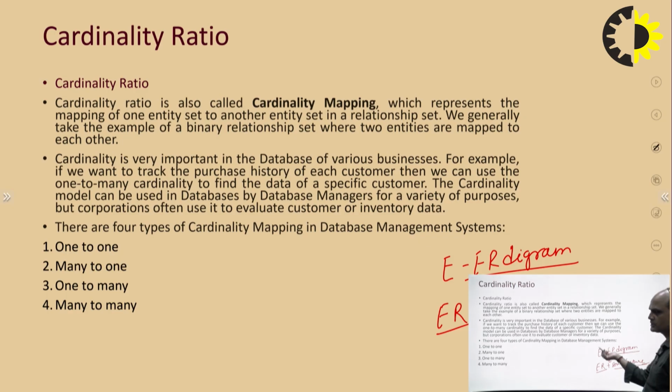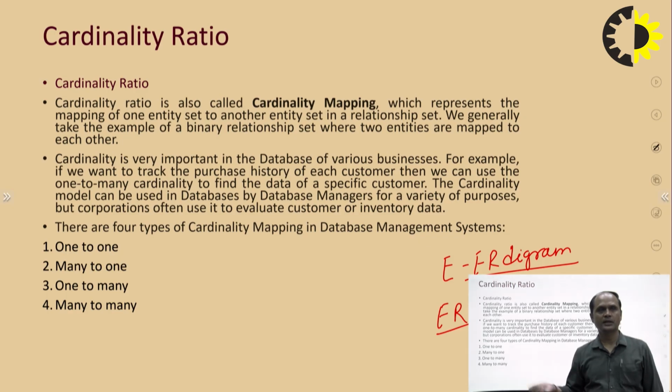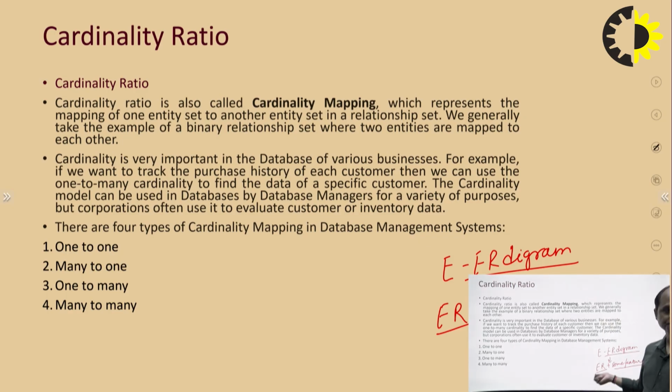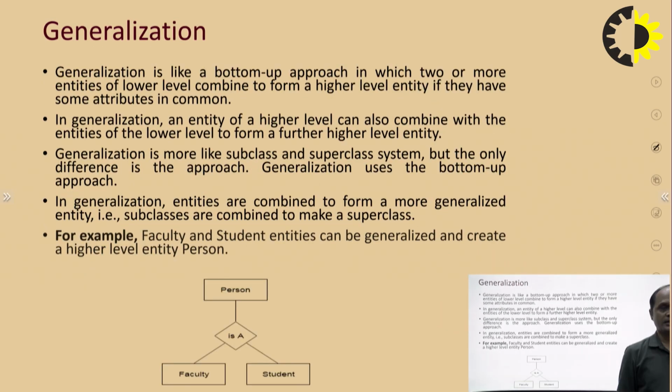What are the features we can add to this ER diagram? The features are generalization, aggregation and specialization. These are the three features which can be added to a particular ER diagram to make our extended ER diagram.